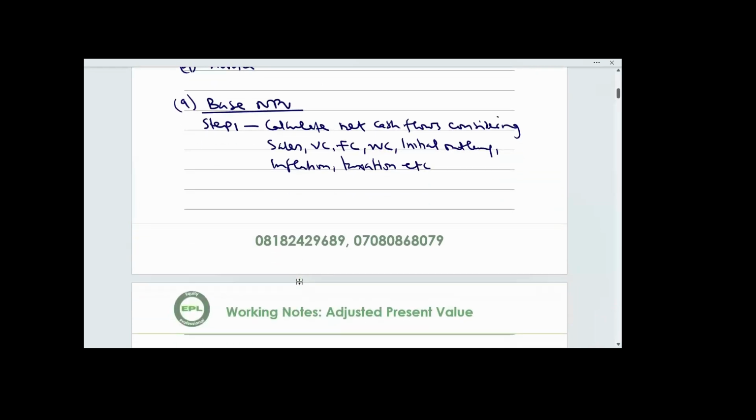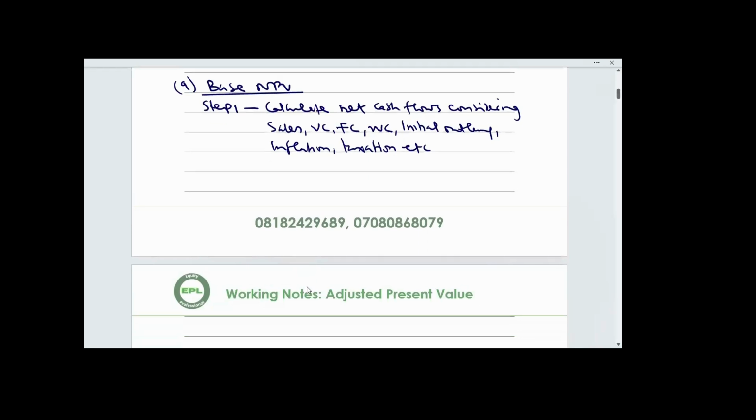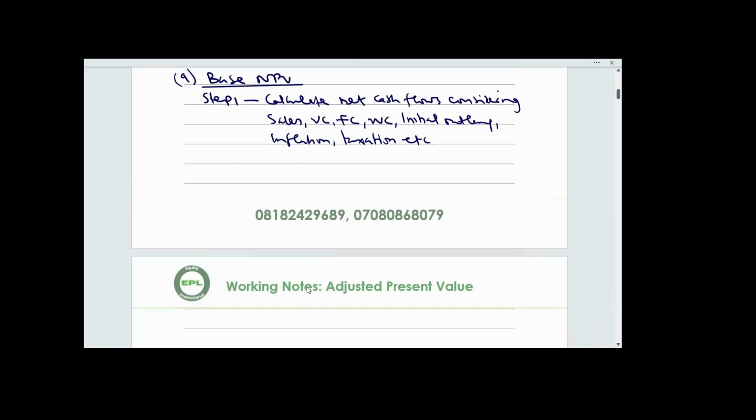Just go ahead and calculate the net cash flow. The sales value minus variable cost minus fixed cost, you have your profit. You apply tax liability, tax saved on capital allowance, scrap value, initial outlay, working capital. Then you get your net cash flow. That's the first step.